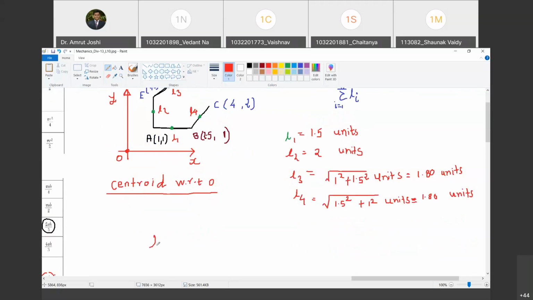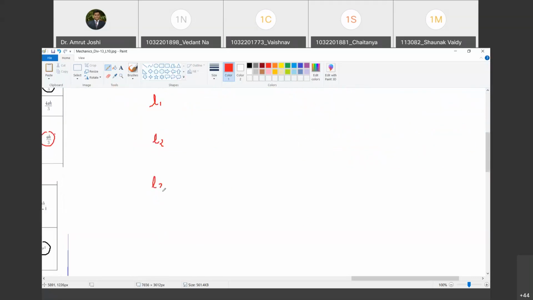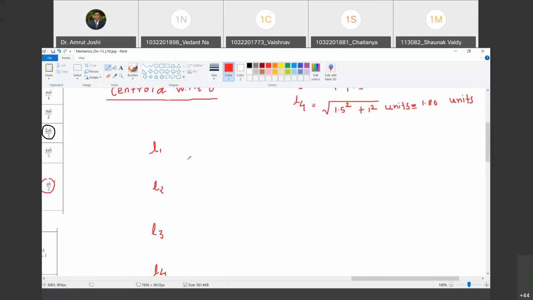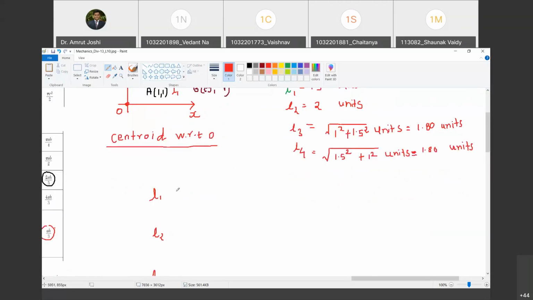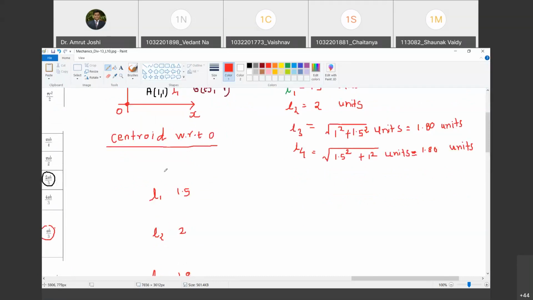We are going to make the table with lengths L1, L2, L3 and L4. What is length L1? Tell me. So it's 1.5. Then 2, then 1.8 and 1.8 units. Of course, we are going to simply write it in units. These are the lengths.